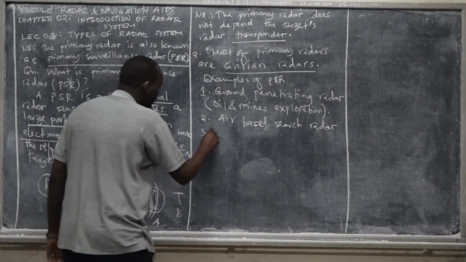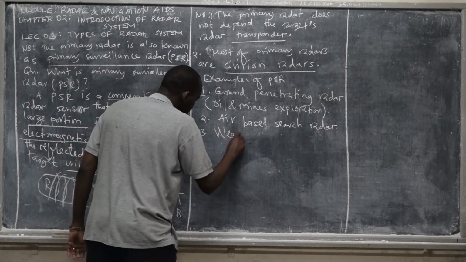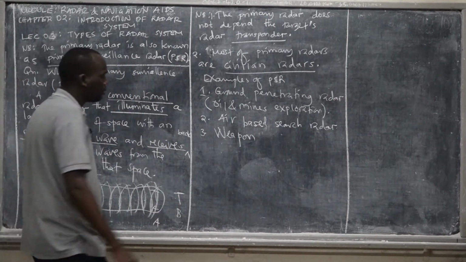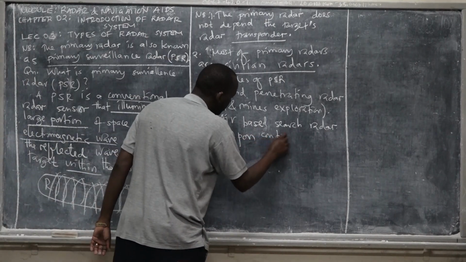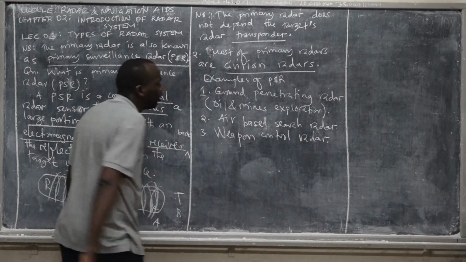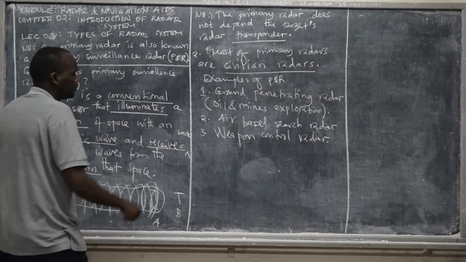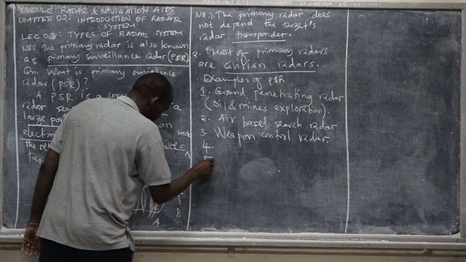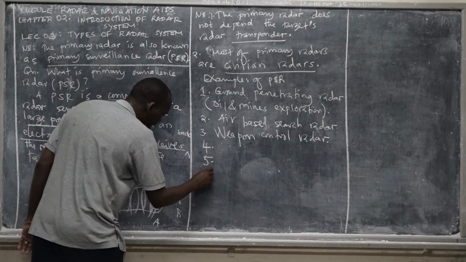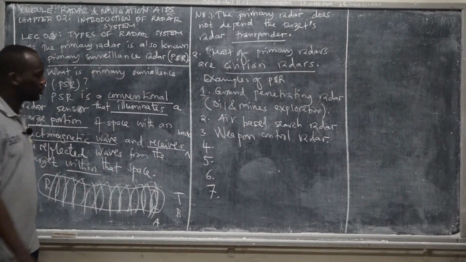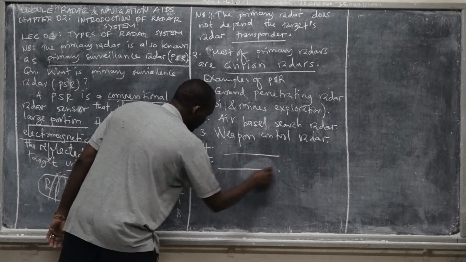Then the third example of primary radar is called the weapon control radar. So this is your homework. Mention number 4, the 5th example of primary radar, the 6th example, and the 7th example. This is your responsibility.